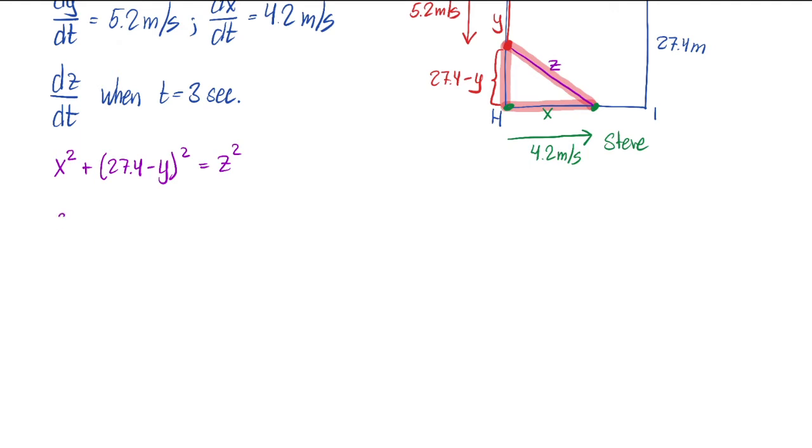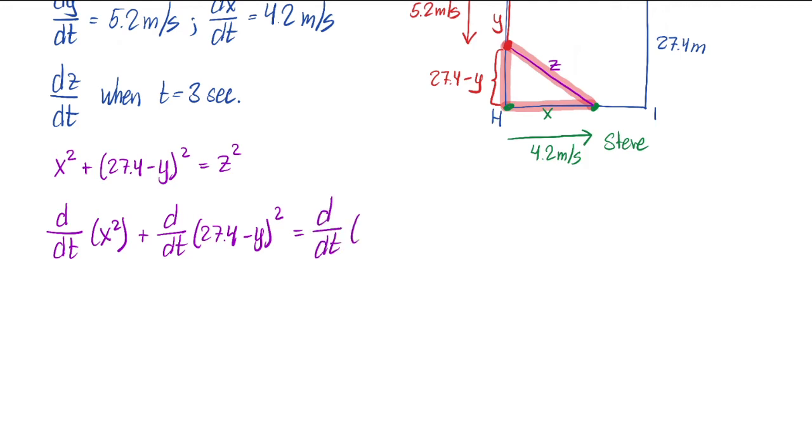So we're going to get the derivative of x squared with respect to time, plus the derivative of (27.4 minus y) squared with respect to time, equals the derivative of z squared with respect to time. Okay, like that.